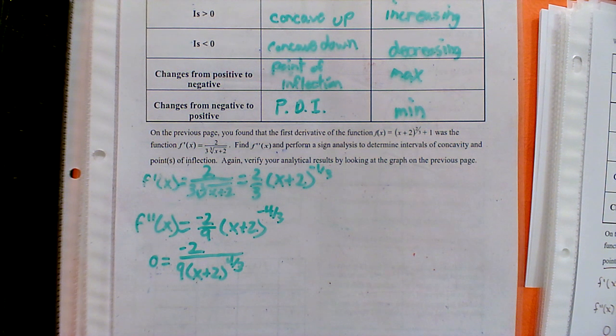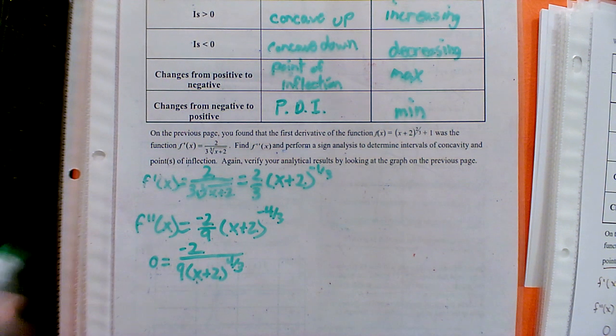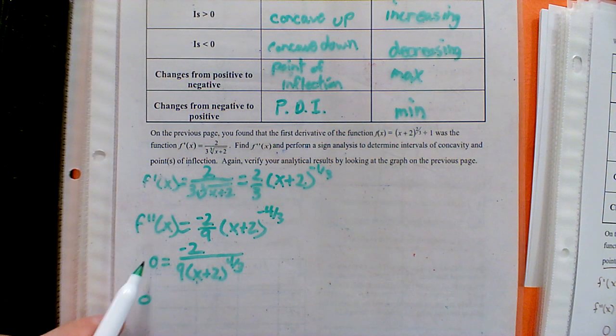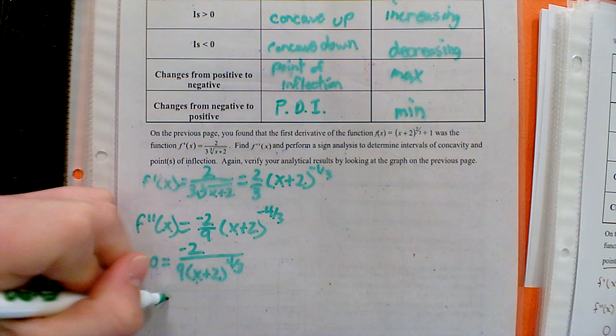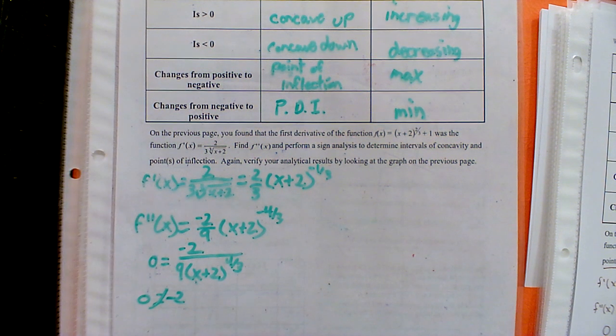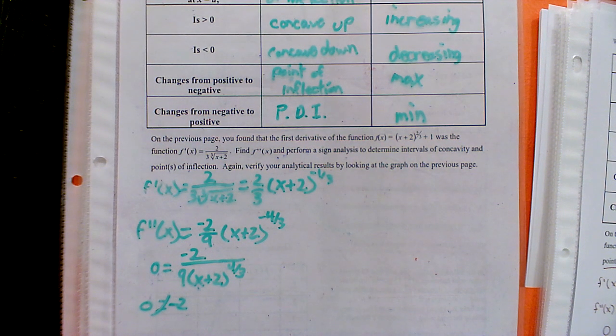If I try to solve this for x, I would have to multiply this to the other side. All of this times 0 is 0, and that leaves me with 0 equals negative 2. Is that true? No. So we know we can't solve for x like that. But like we had yesterday, what can we determine from looking at this about our x values? Do we run into trouble?